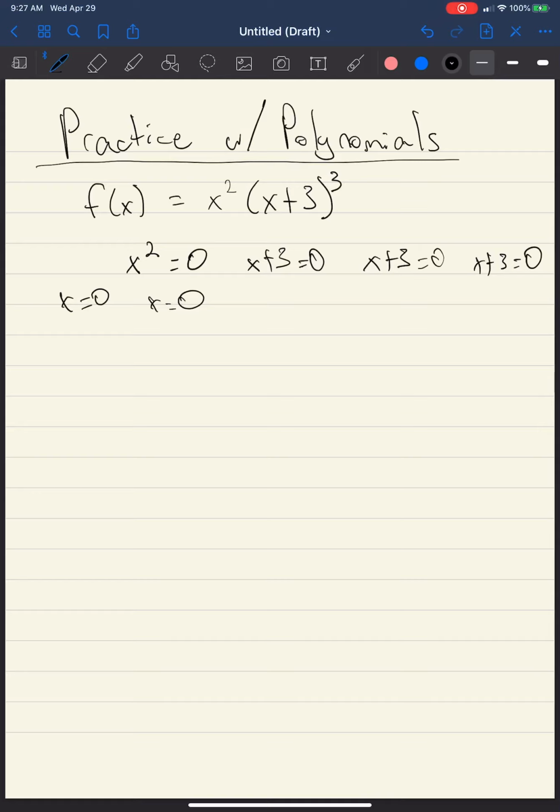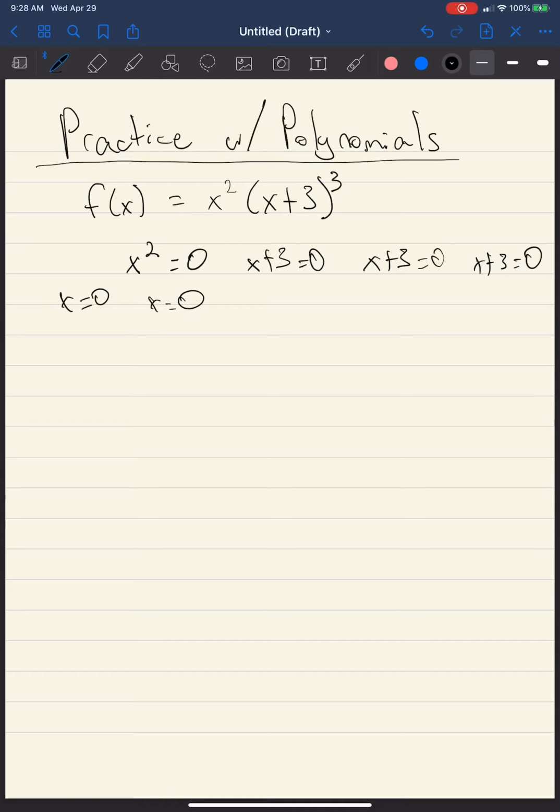That's the same thing as taking the square root of x squared, which would also give me 2 solutions, because 0 times 0 equals 0. Either way you do it, I just like to look at my exponent, and that's how many times that part is going to be there. So the x squared just means I'm going to have 2 x's there.